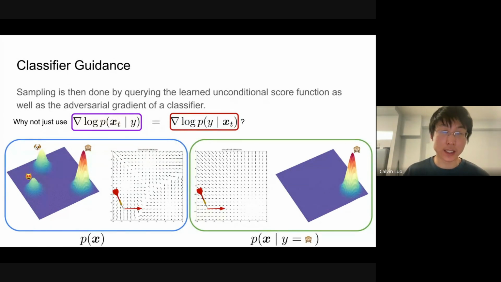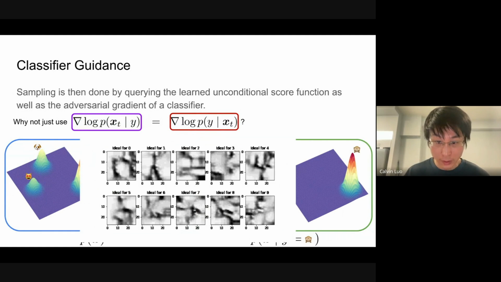Well, it turns out that this is kind of like optimizing the input. Recall that the classifier itself is a neural network. And when we optimize our input such that the neural network classifier is very happy, for some inputs you've heavily optimized, it'll output the correct class with 100% probability.